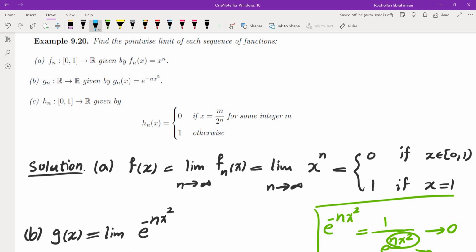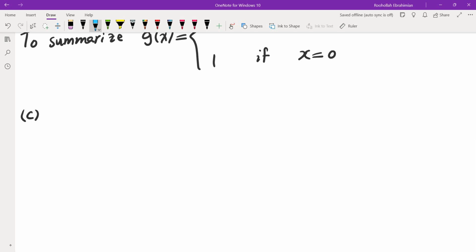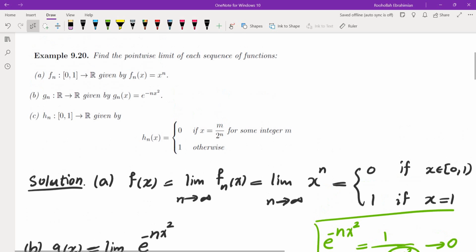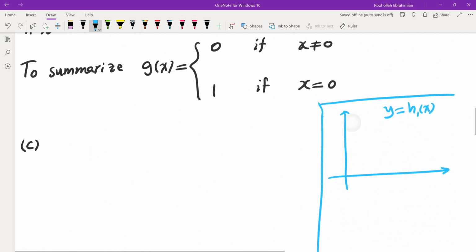So let's look at h1. So this is y equals h1 of x. If you look at that, we have for every x that is of the form m over 2, if n is 1, the denominator would have to be 2. So 0 is one of them.